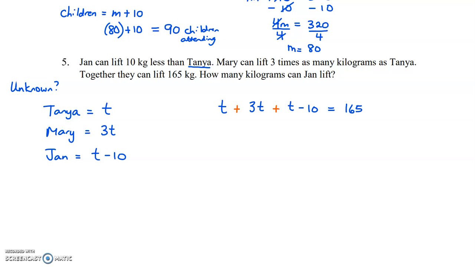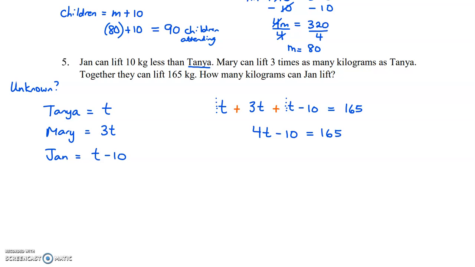Let's combine our like terms. T plus 3t plus t equals 5t minus 10. Very similar to the question above. This time equals 165.